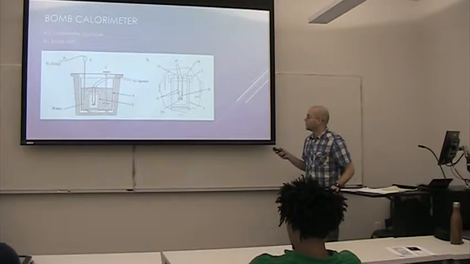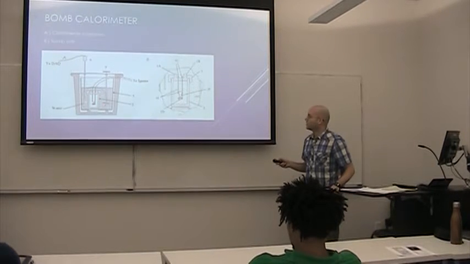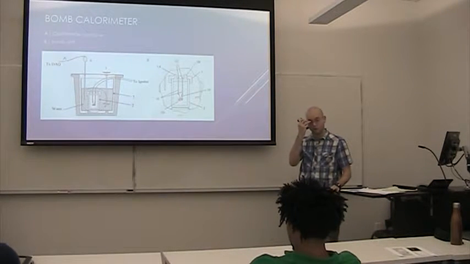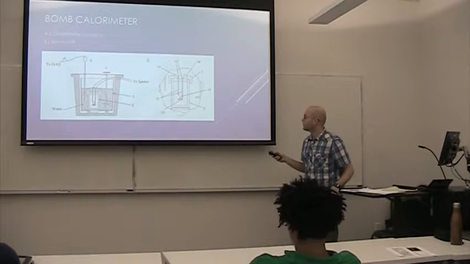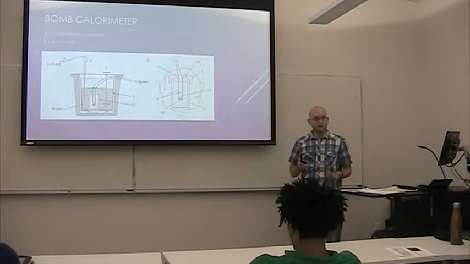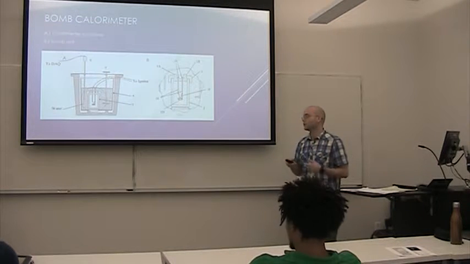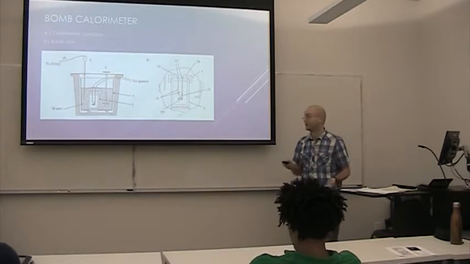Now, over here, this is a smaller picture of the actual stainless steel container that's going to contain the fuel. You can see this little square here is the benzoic acid tablet that Alex was talking about. These are the ignition wires. And again, this is stainless steel. There are two different stainless steels, and in my subsequent calculations for an example I looked up the heat value for that.